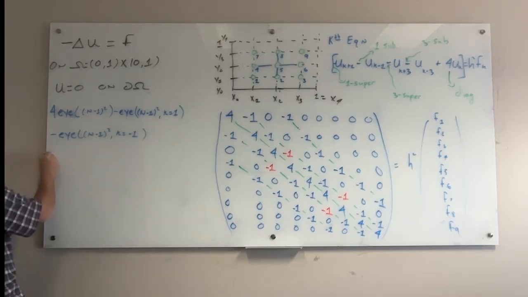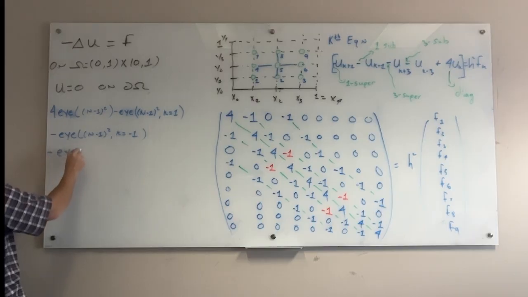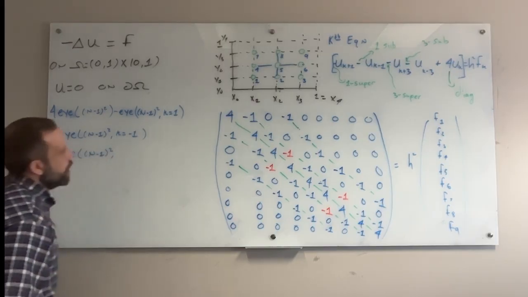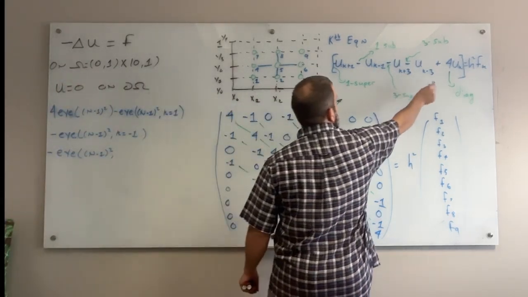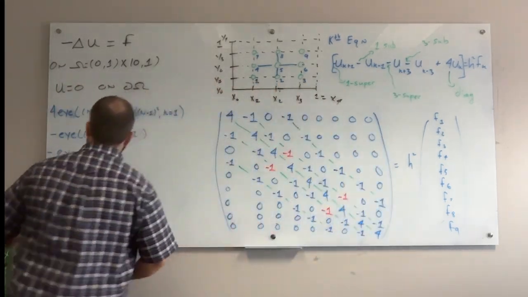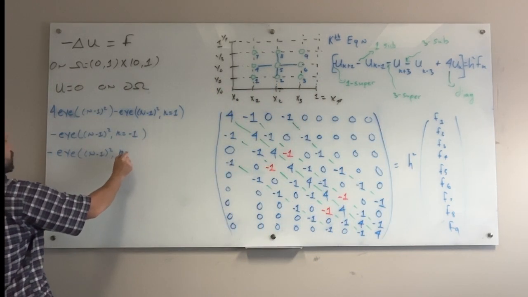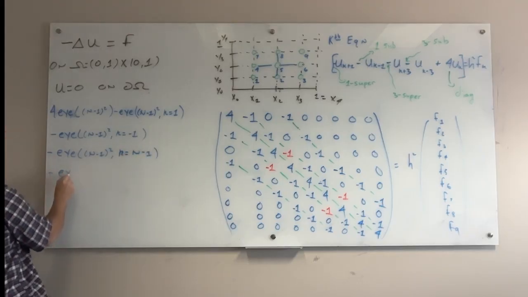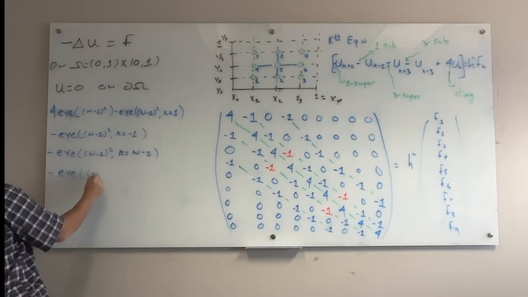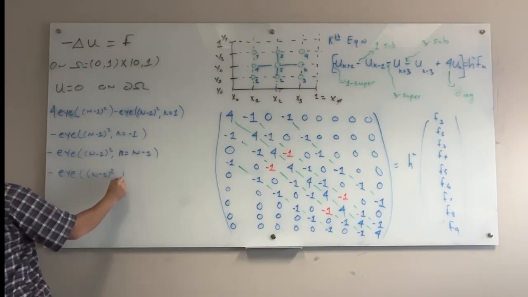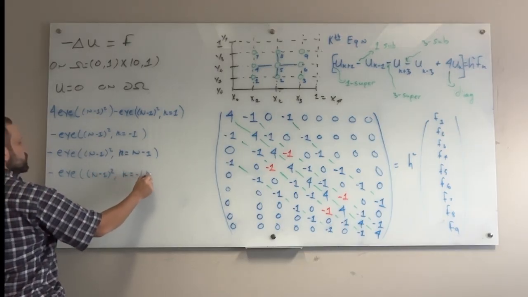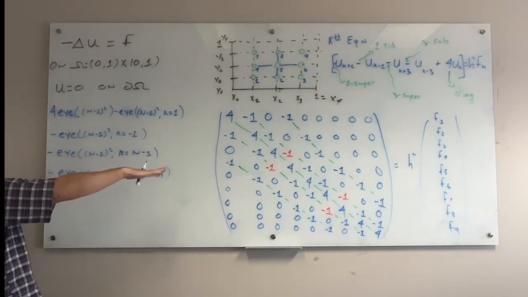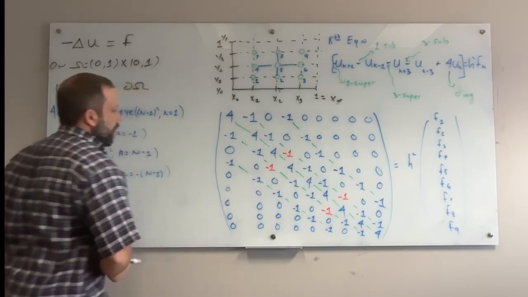And then minus EYE n minus 1 squared. And remember, that 3 and that 3, that's n minus 1. So we're going to say k is equal to n minus 1, and then minus EYE n minus 1 squared, k is equal to minus n minus 1. That's going to give us this matrix there, but with the red entries are also going to be minus 1.